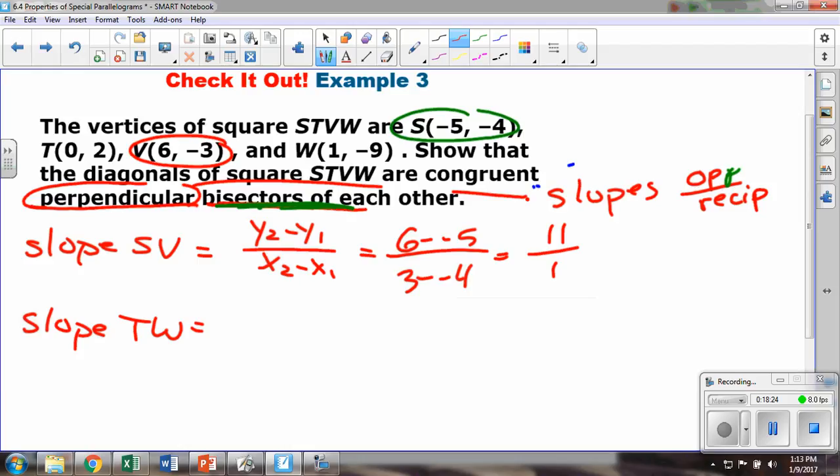In order to verify that they're actually perpendicular, you need to do the same thing with slope of TW using different points. And they need to be reciprocals, and they need to be opposites. If you don't wind up getting a slope of -1 over 11, if they're not opposite reciprocals, that lets you know something went wrong and that you need to fix it. All this stuff in the red would be used to show just that they are perpendicular.